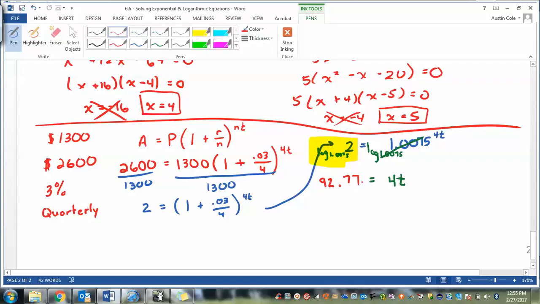Now I need to divide both sides by 4. We get 23.19 years. So if I stick $1,300 in a bank account with a 3% interest rate that compounds quarterly, I'll need to let my money sit there for 23.19 years for it to double.